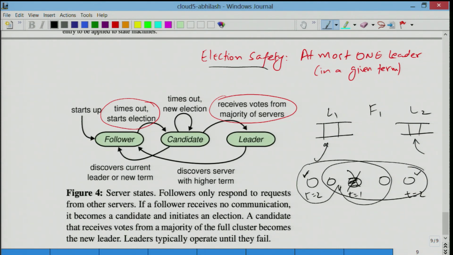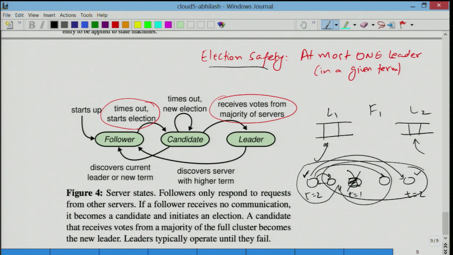So the mechanism of election is: election timeout expires, and a follower becomes a candidate. The candidate can then ask for votes from everyone it can reach, right? Then a node will either give a vote, or if it has already given a vote to someone else, it will not give a vote. First come first serve basis.